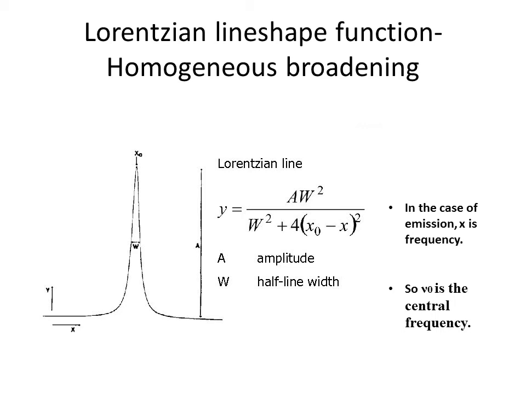But this is a basic equation representing the Lorentzian line shape function. This is used for representing a homogeneously broadened transition, and the shape of the curve, you can see, will be identical with respect to the central frequency nu 0. So this is a homogeneously broadened line shape function.